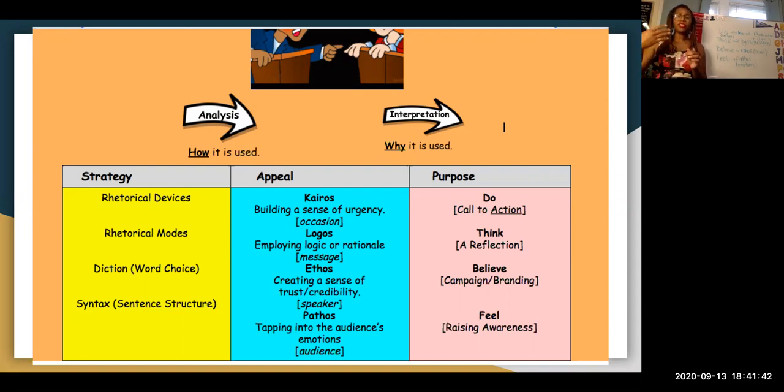How is our speaker appealing to the audience? Is our speaker appealing to the audience by building a sense of urgency? That's Kairos appeal, right? Are they making it like TV advertisements, commercials, like go, go, go, get it right now? Or are they employing logic and rationale?